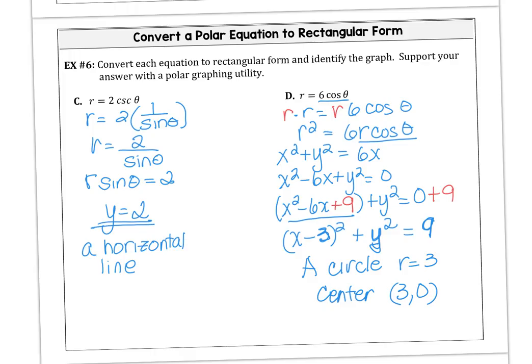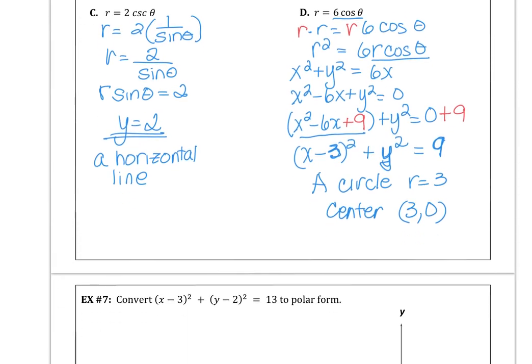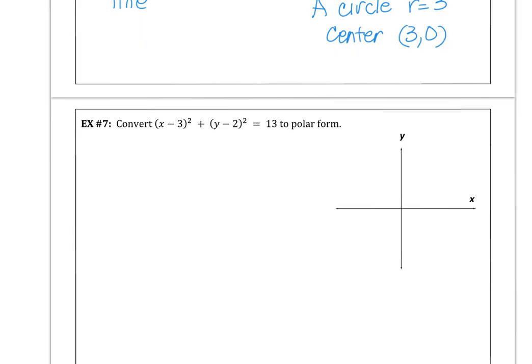And then our last example for this set of notes, we want to convert this circle to polar form. First thing we'll do is expand x minus 3 squared, x squared minus 6x plus 9. Expand y squared minus 4y plus 4 equals 13. 9 plus 4 is 13.